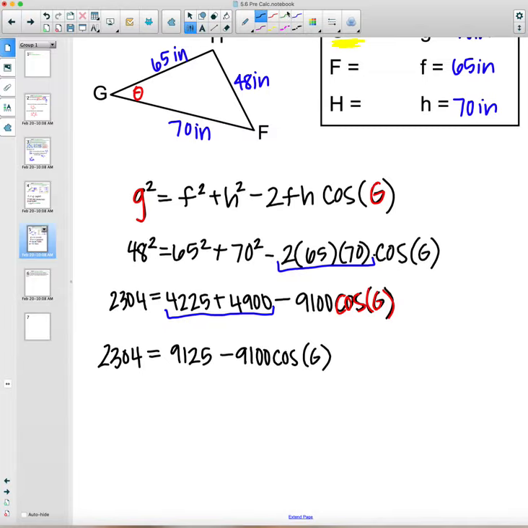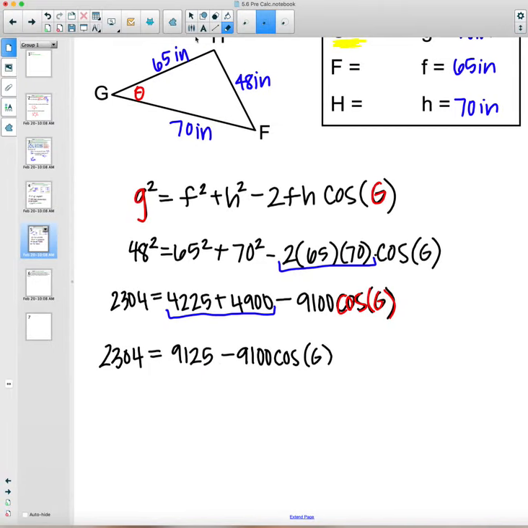A lot of people make the mistake of trying to combine these. Those cannot be combined. This is like you have 9,125 minus 9,100x, right? Those are not like terms. You can't combine those, so be careful with that. You want to just isolate this. So we're going to subtract 9,125 from both sides.